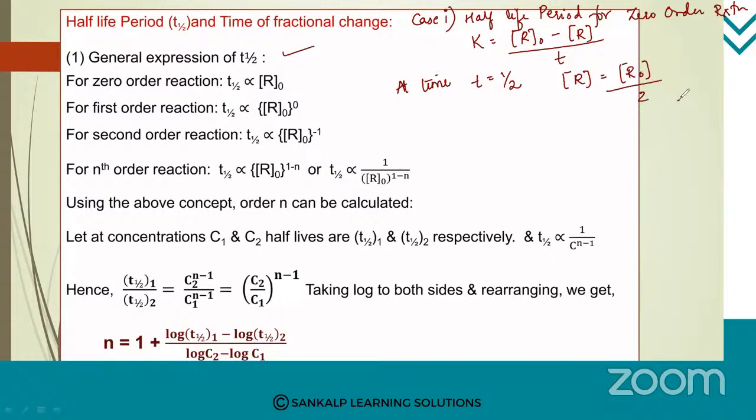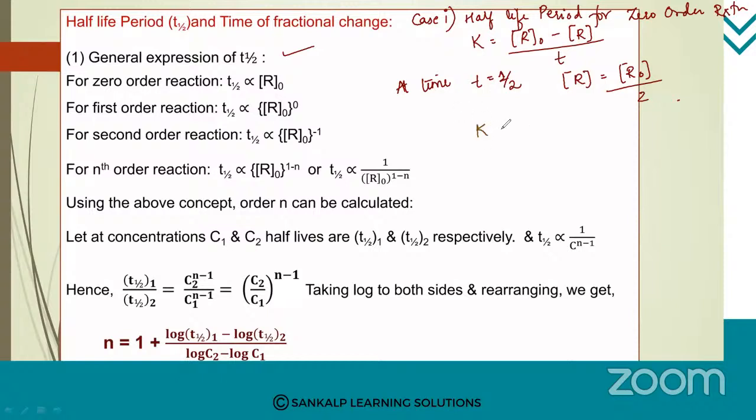We are reducing the concentration of the reactant to half of its initial concentration, so the concentration of R will be [R]₀ by 2. Now what is the next step? Whatever condition we are applying should be substituted in the above formula.